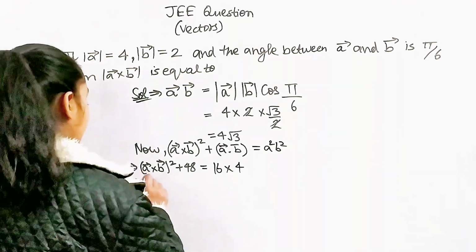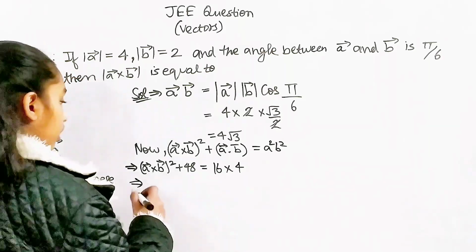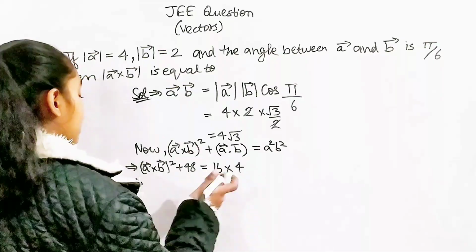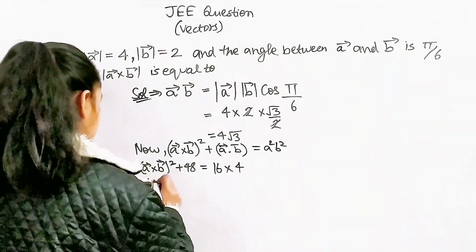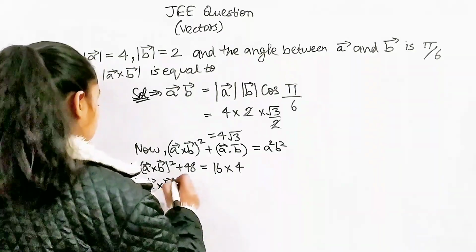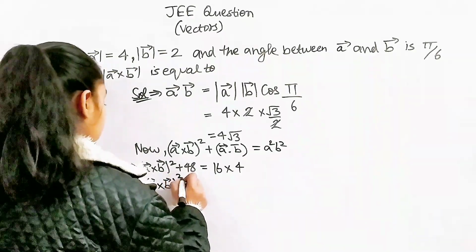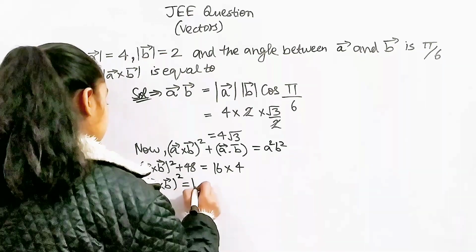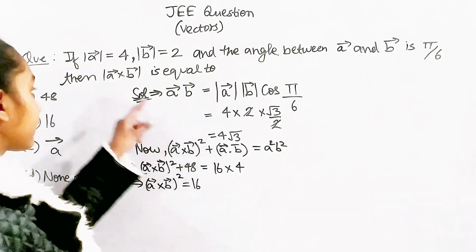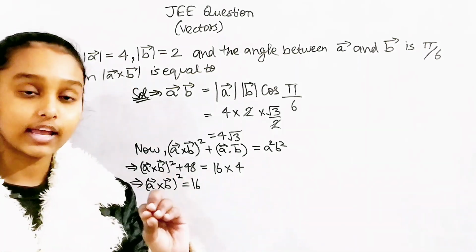After just simplifying and switching their sides, I'm going to get that (A cross B) whole square is equal to 16. Finally I'm going to get this answer. Is this clear? Actually, there's a small mistake. Here it was a bracket, not the mod.